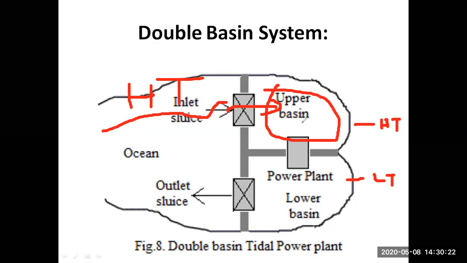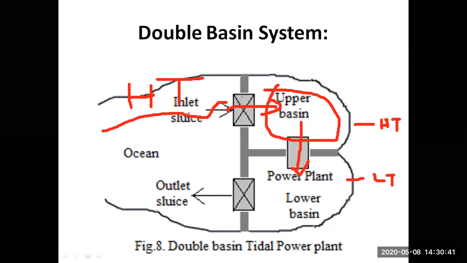So water flows through the turbine, which is responsible for running the turbine. This way the turbine rotates and generates electricity. At this moment this outlet sluice is closed, during the high tides.